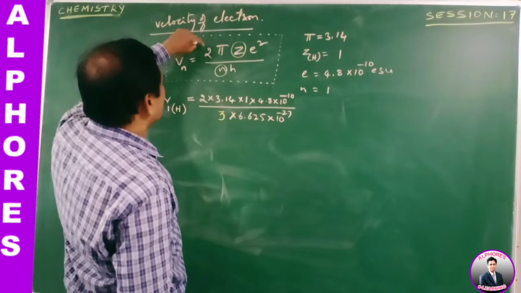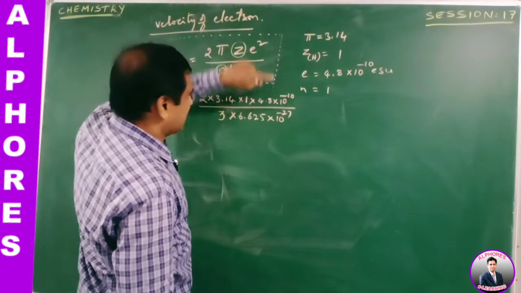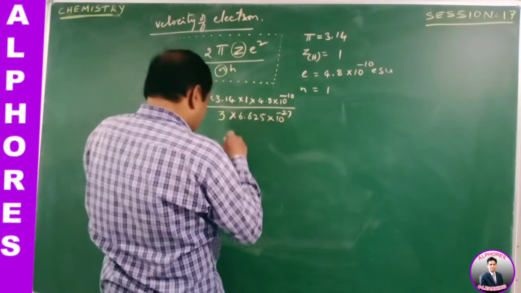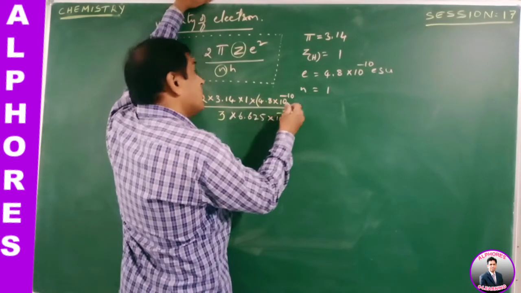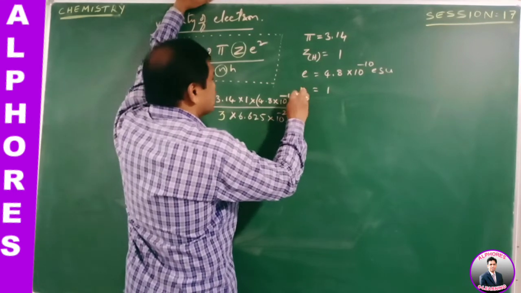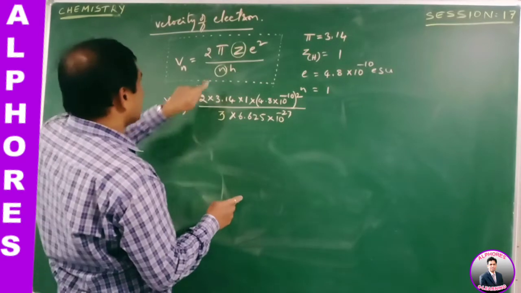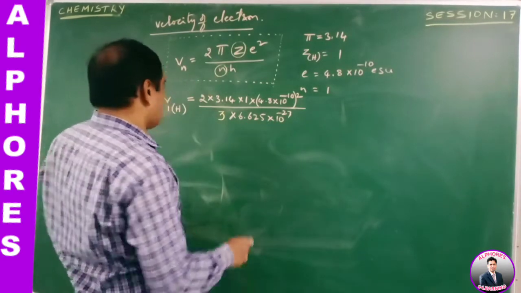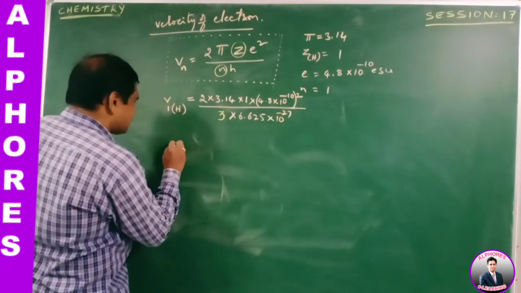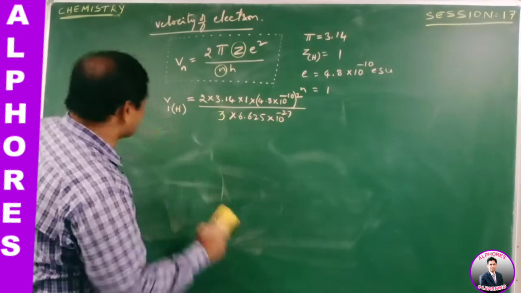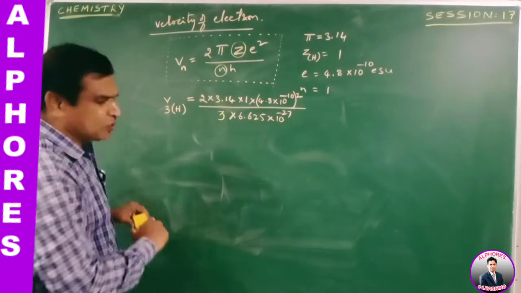So this is 2 pi Z, hydrogen only, atomic number 1, e square, that is 4.8 into 10 to the power minus 10 whole square, by n equals 3 and h, which is Planck's constant. So this is the solution for the third orbit.